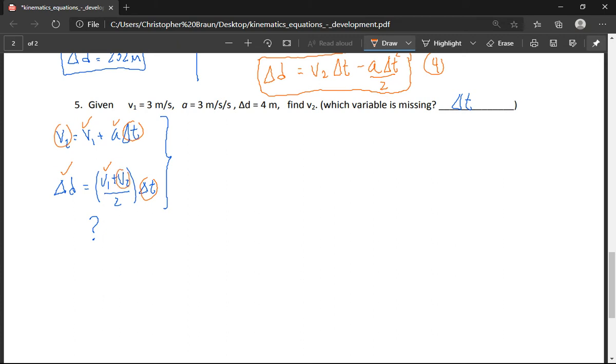You don't know delta t, and you don't know v2. And the variable that's missing from the whole thing is delta t, but it says it wants us to find v2. So this variable here, delta t, needs to disappear. We need to get rid of it, and then be left with only the terms we know and the one term that we don't know. And so, in this case here, we have two independent equations and two unknowns.